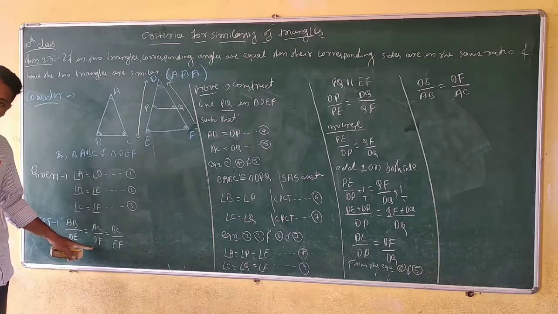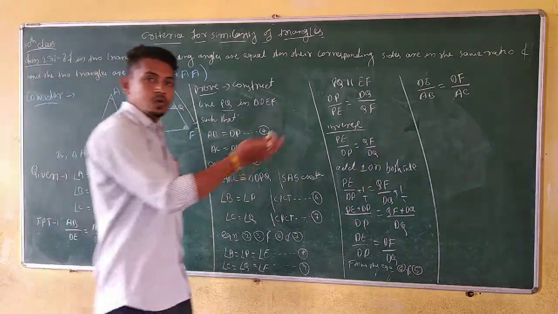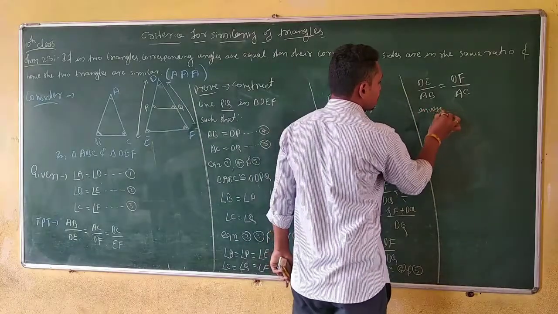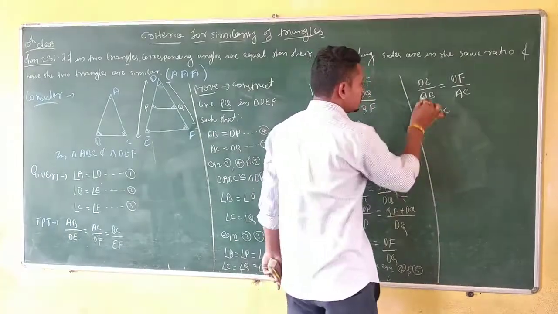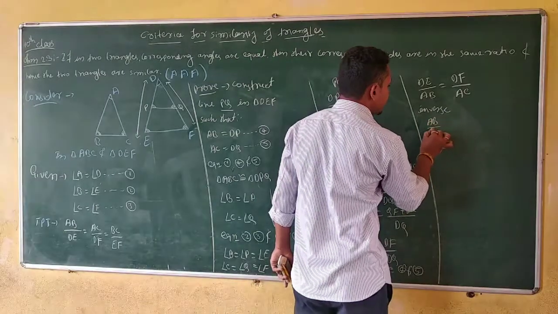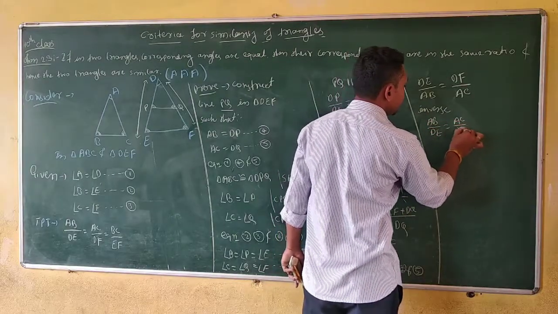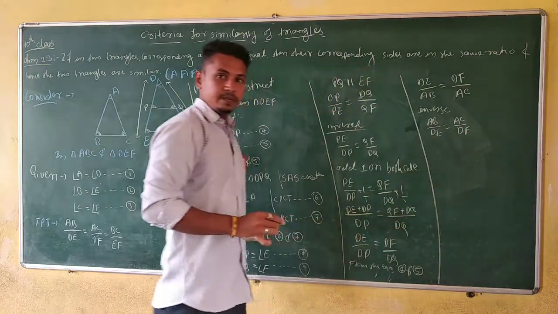Now what I have to show: AB divided by DE is equal to AC divided by DF.